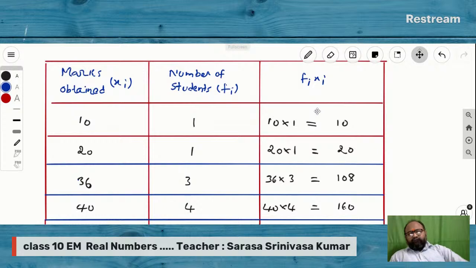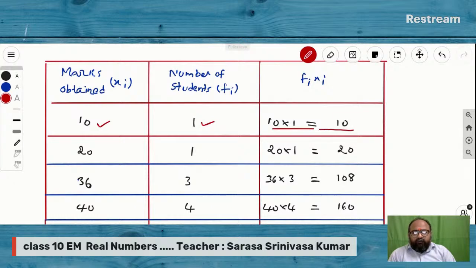The third column is the product of Fi and Xi, that is marks obtained multiplied by number of students. 10 marks are obtained by one student, so total marks equal 10 multiplied by 1 equal to 10. Next, 20 marks are obtained by one student, so 20 multiplied by 1 equal to 20.